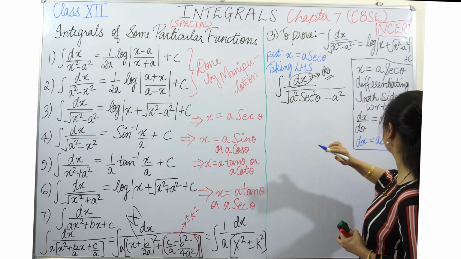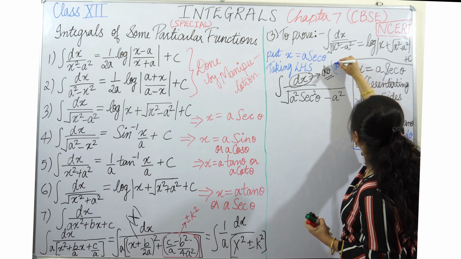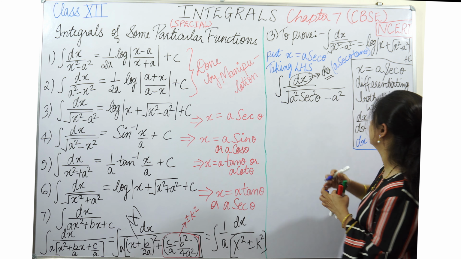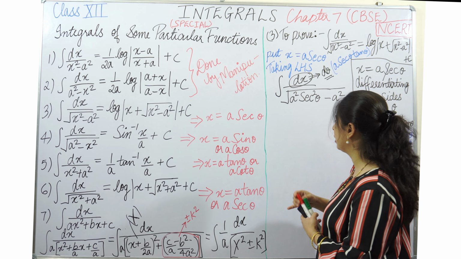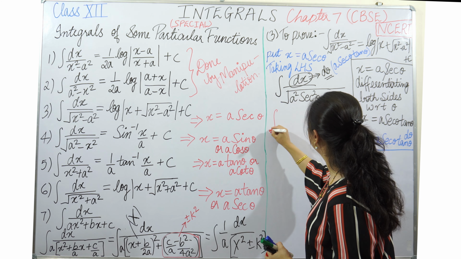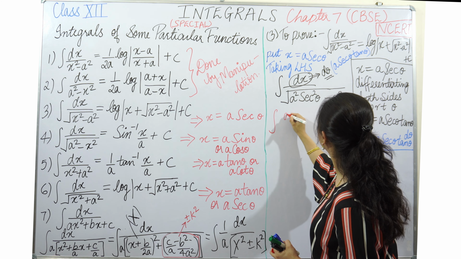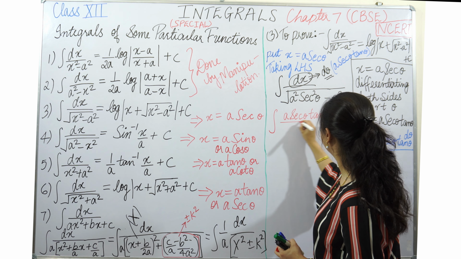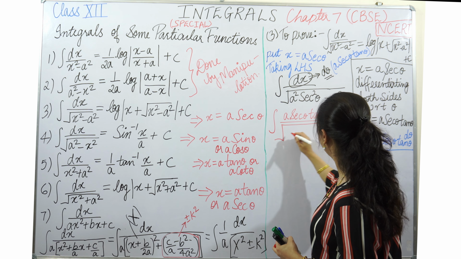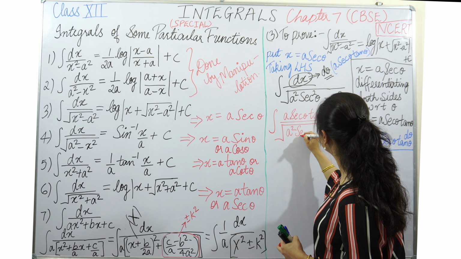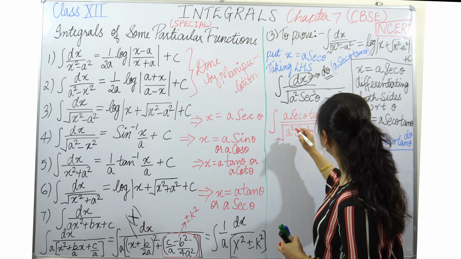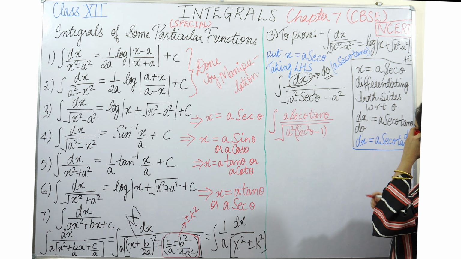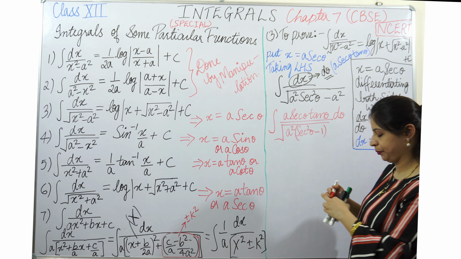So in the place of dx, it should come a sec theta tan theta. So our integration now becomes the integration of a sec theta tan theta upon under root a square sec square theta, a square can be taken common, minus 1, d theta.